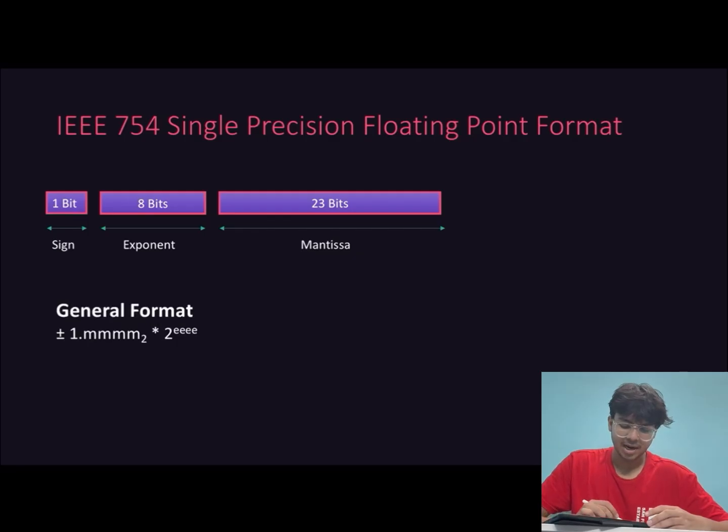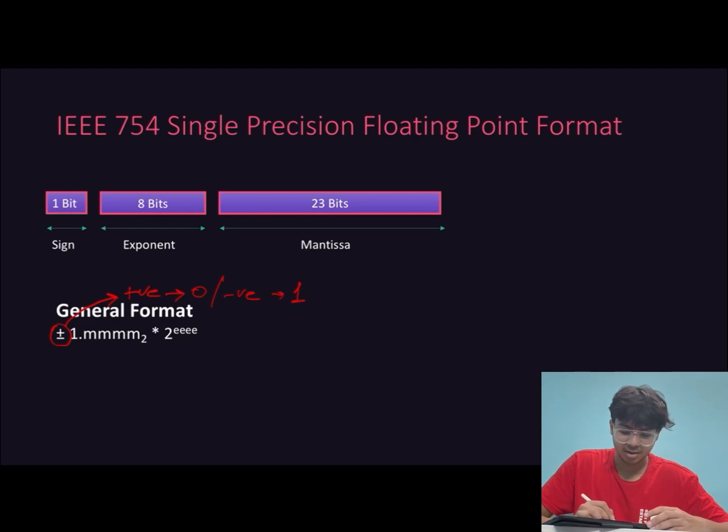The general format is plus or minus 1.mantissa in base 2 multiplied by 2 to the power exponent. Where the sign is positive, we take it as 0, and where the sign is negative, we take the first bit as 1.